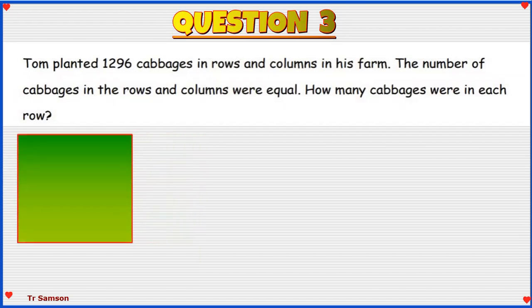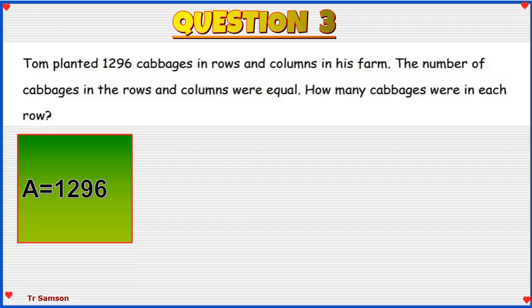So let us have a square here to represent the farm that belongs to Tom, where the 1,296 cabbages were planted in equal rows and columns. So we ask ourselves, this is the area covered by the cabbages. So it means a certain number was multiplied by the same number to give us 1,296.